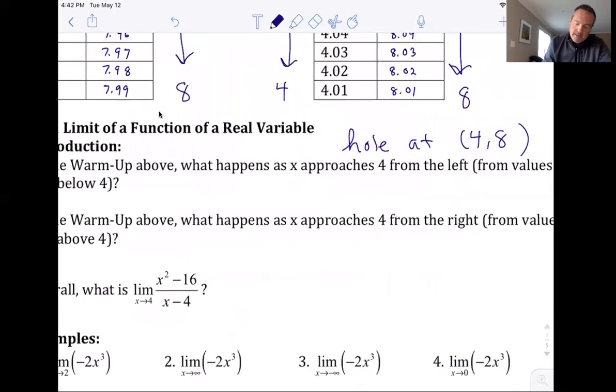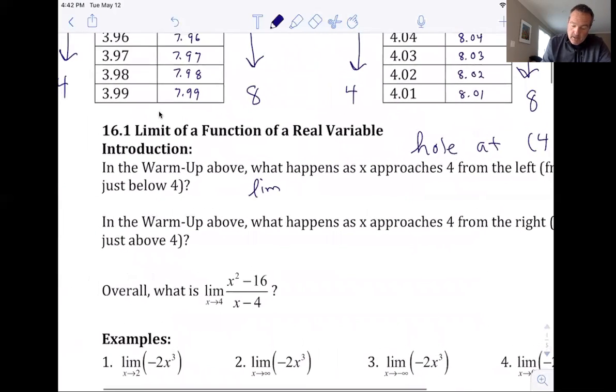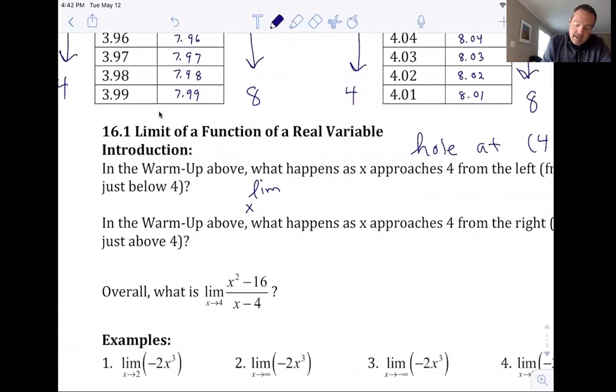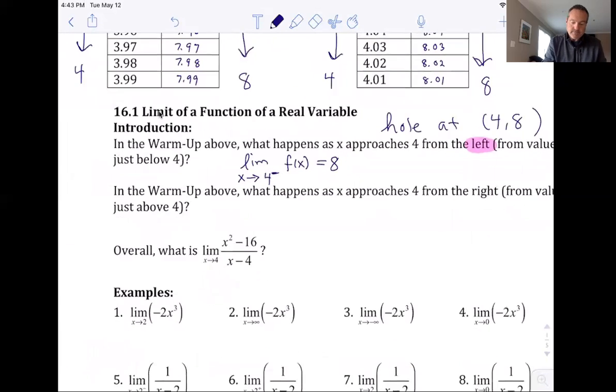And the way we write this in math is we use this symbol, lim, and we say, as the x's approach 4, from the left, from lower values. The way we denote left is with this little negative superscript. And we say the limit of that function is 8. So that's called the left-hand limit.